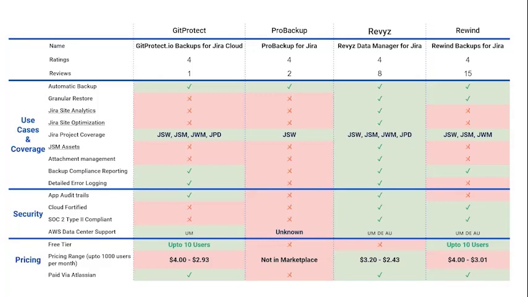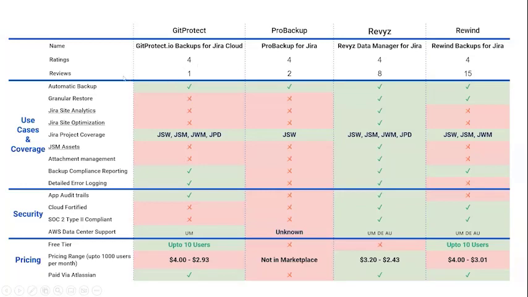From the rating point of view, if you can see here, this has a 4 rating, exactly the same 4 rating is available for Pro Backup, and all four add-ons have a 4 rating.